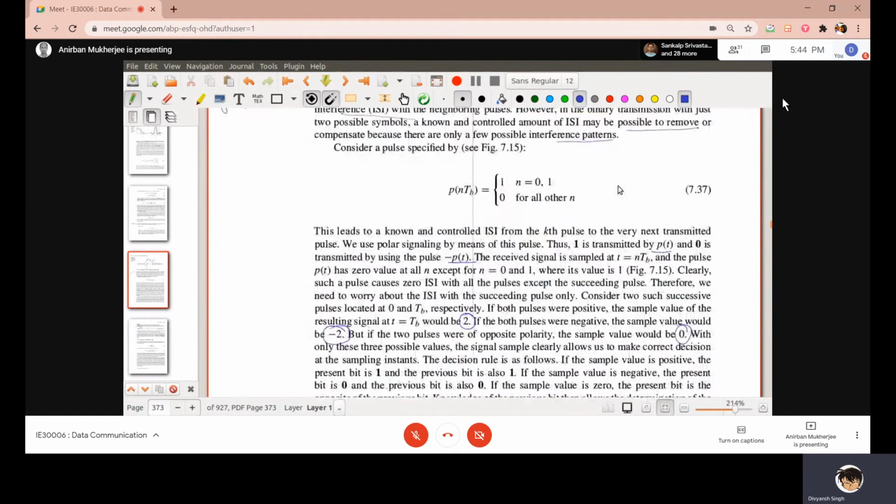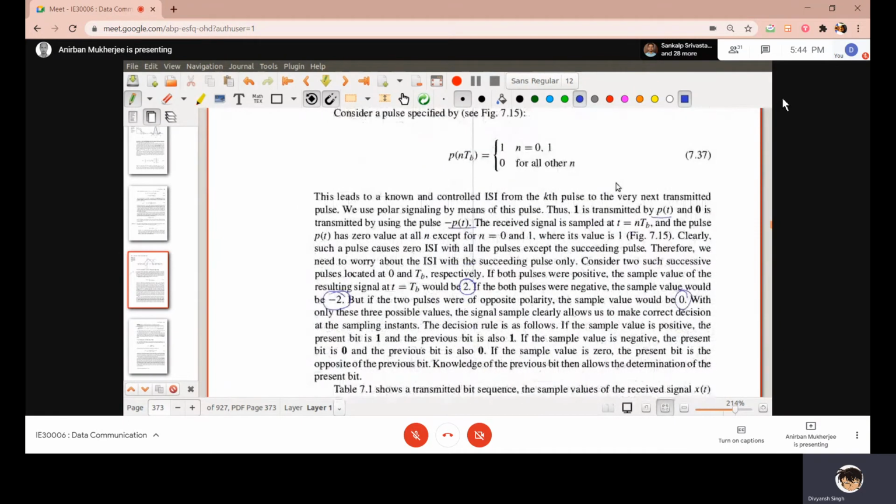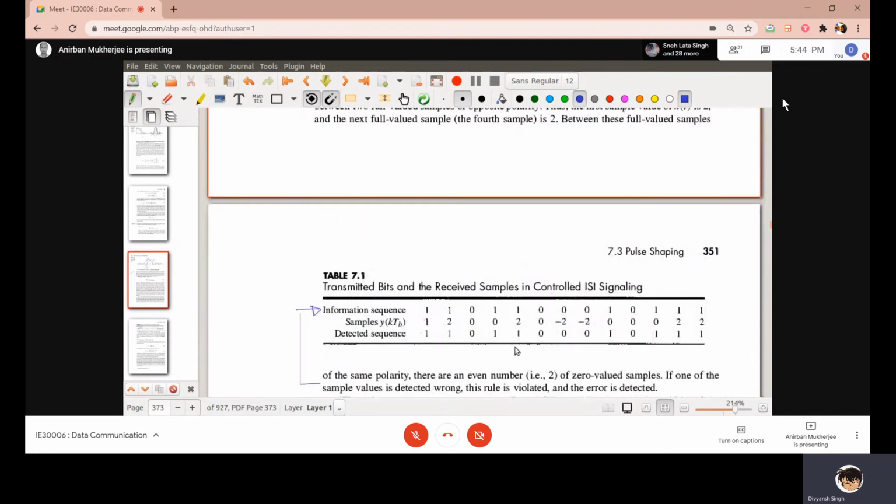So finally I have 2, minus 2, and the sample value will be 0, with only these 3 possible values of the signal sample. If you see the sample y(kTB), it is 2, minus 2, 0, like this it will come.